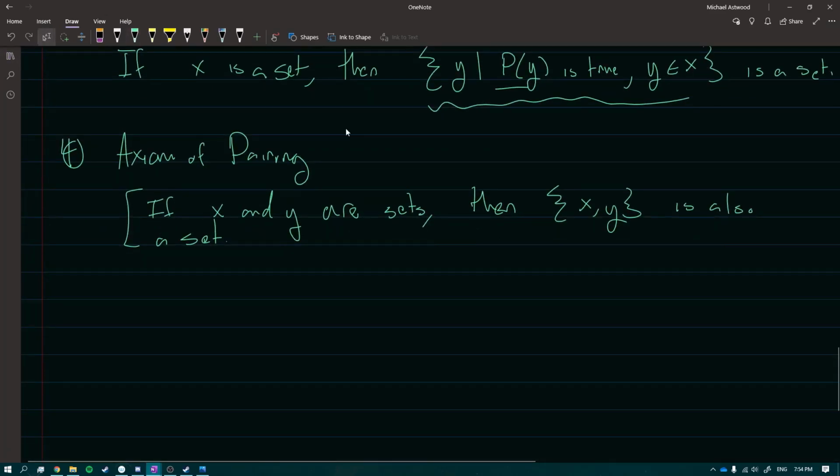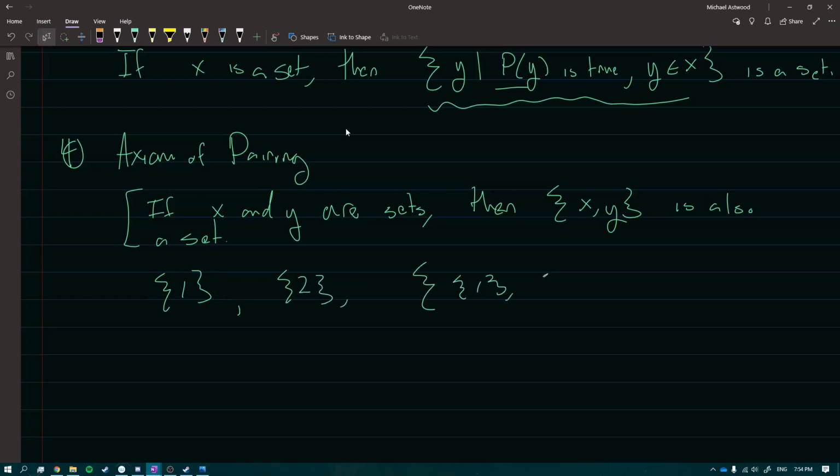If we have, for example, the set 1 and the set 2, then the set containing 1 and the set containing 2 is a set. So that's intuitive. Okay, number 5, the axiom of union.